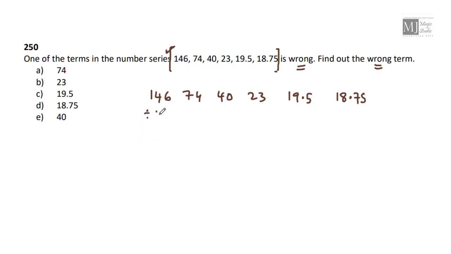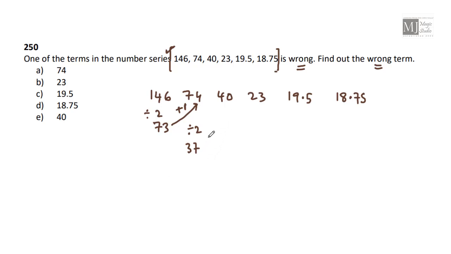146 divided by 2 is 73, but this is 74. So let us make it 74 by adding 1 to it. Now 74 divided by 2 is 37.